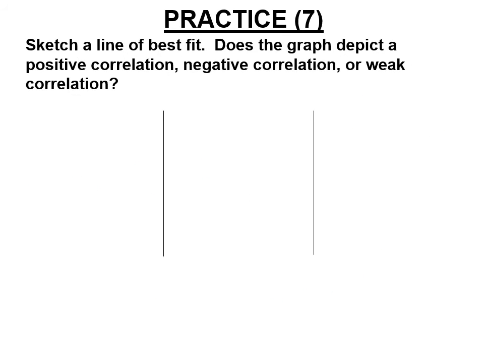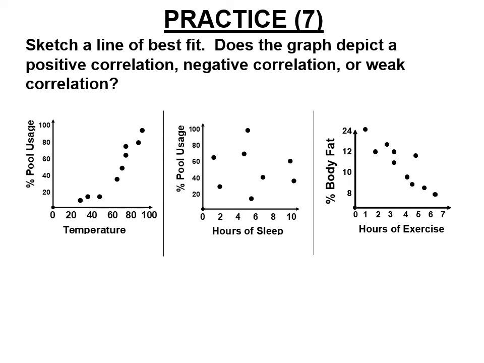All right, so you're going to sketch these and then you're going to tell me positive correlation, negative correlation, or weak correlation. We'll see that. All right, so hopefully the easy one is the one in the middle, right? That's a scatter of dots. That's weak correlation or weakly correlated. Look at this.